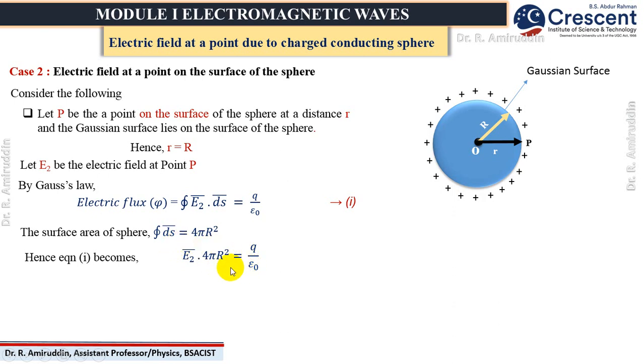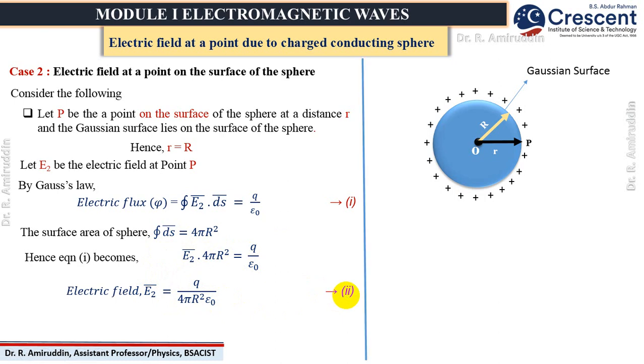We will rewrite this with E2 on the left side and bring all the terms to the right side. We have electric field E2 equal to q by 4 pi R square epsilon naught. This will be equation number 2.